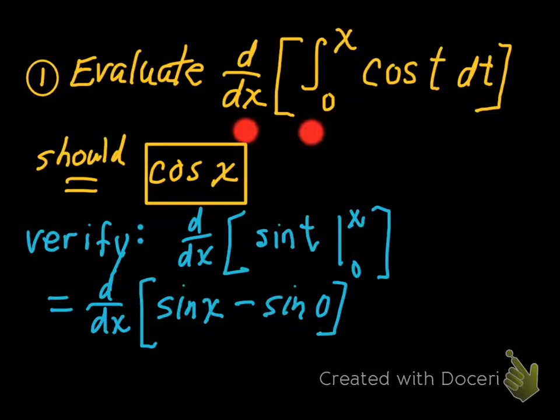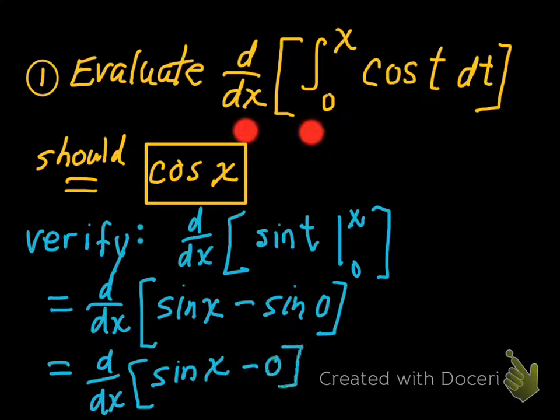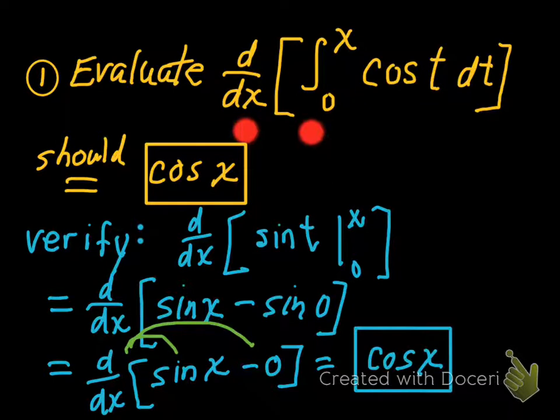Do you know what you get when you differentiate the sine of x? First of all, let's evaluate the sine of 0. The sine of 0 is just 0. Now let's differentiate. I'm going to differentiate sine x and I'm going to differentiate 0. The derivative of sine x is just cosine x. The derivative of 0 is just 0.